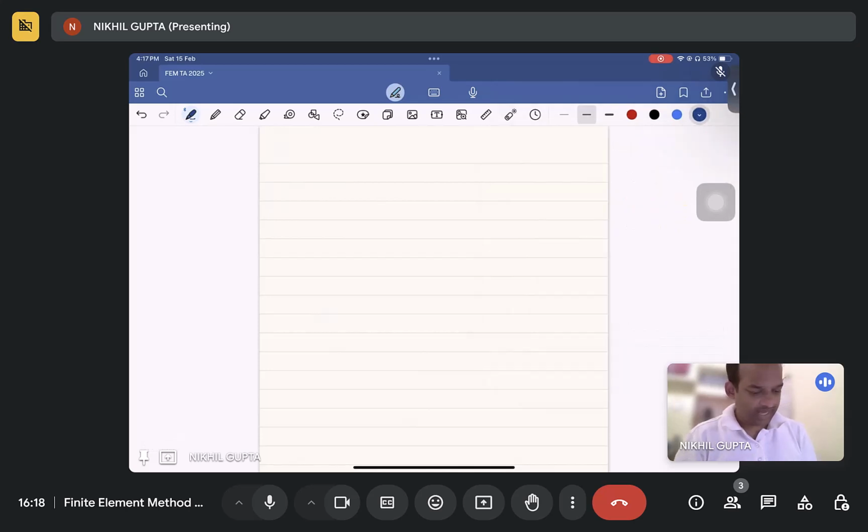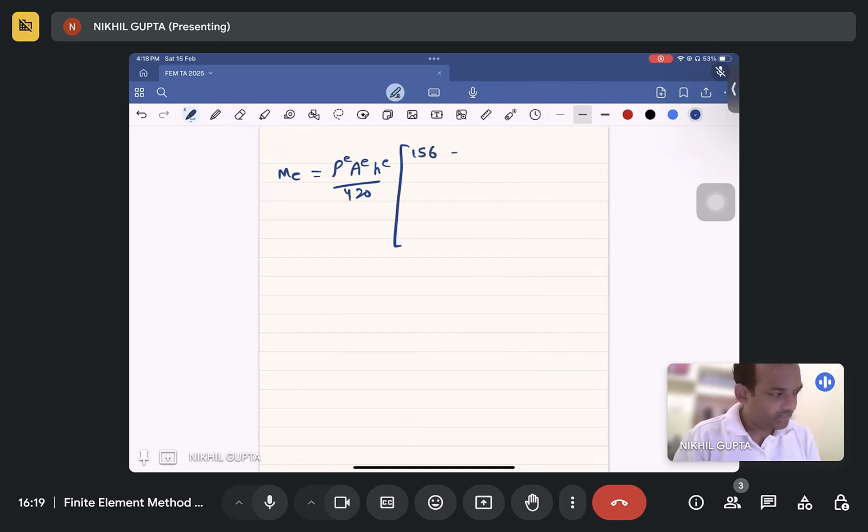So I'll take the mass matrix which is already covered in the class. For that you have to see in that class how it came. It generally comes from the integral of N transpose N dx, something like this. So directly I use that matrix, which is rho A he by 420 times: 156, minus 22 he, 54, and 13 he.